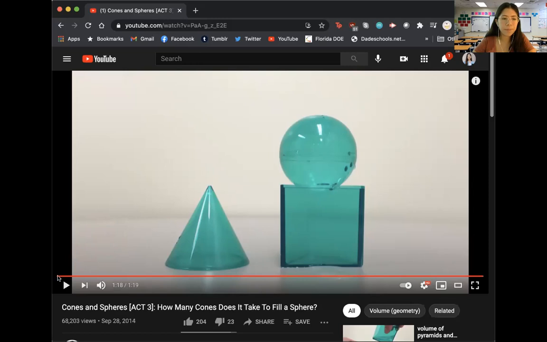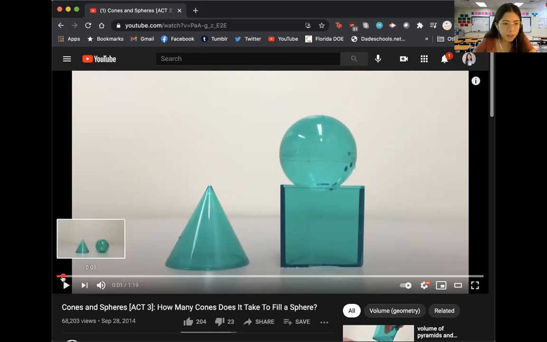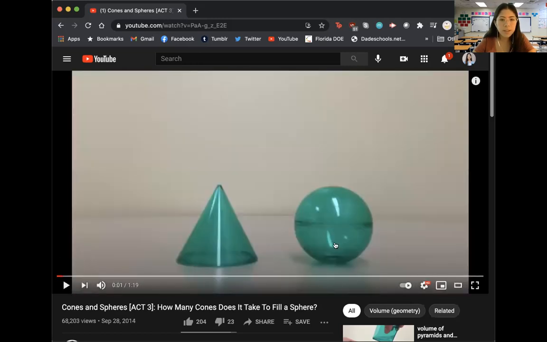Dos. Okay. Now at the very start, it's a little bit hard to tell because the angle's a little bit off, but these have the same height. They have the same height, and the circle down here has the same radius as the middle of the sphere.